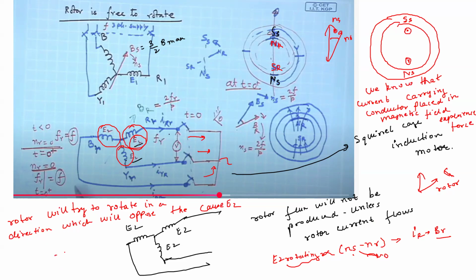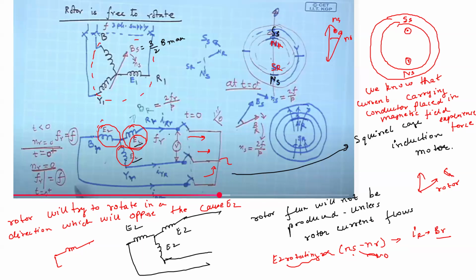So suppose you have only one conductor. What will happen? It will not be the 120-degree phase shifted current then. This 120-degree phase shifted current is coming because the rotor windings are also distributed, like how it is distributed here.